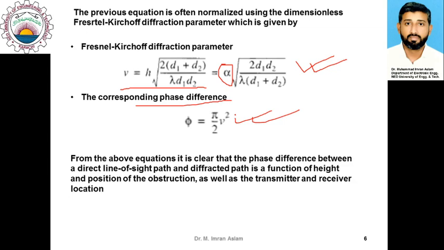So you can see that this phase difference is dependent on nu, which is dependent on the height as well as the distances from transmitter and receiver. So all these parameters determine how much phase difference there would be when we talk in terms of diffraction.